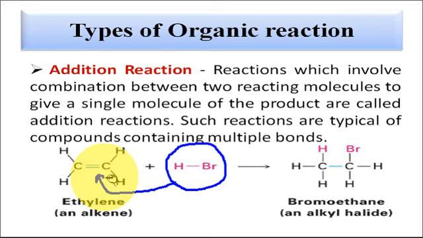Because only due to unsaturation is the attack or the addition possible. So this is the simplest example of the addition reaction, in which addition of HBr takes place on the ethylene molecule. The ethylene molecule has a double bond between carbon and carbon, this HBr attacks on this double bond, and finally formation of bromoethane takes place.